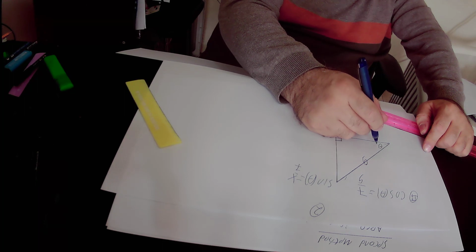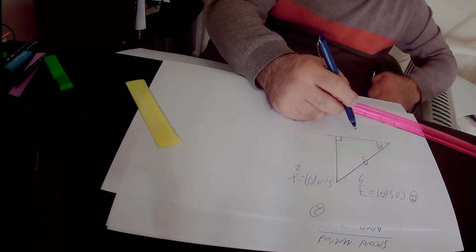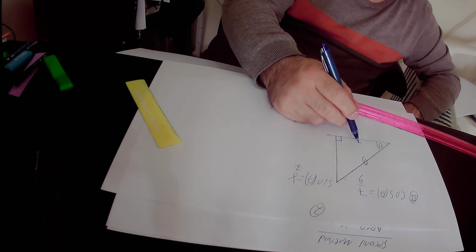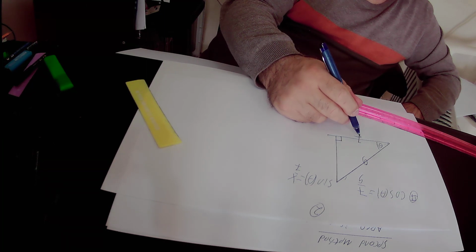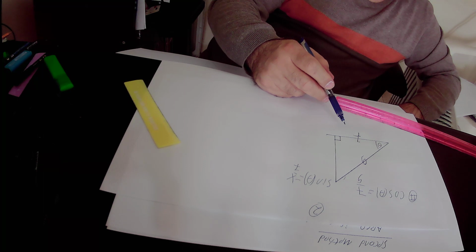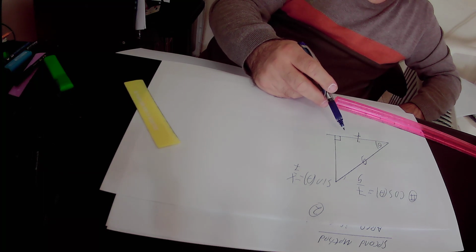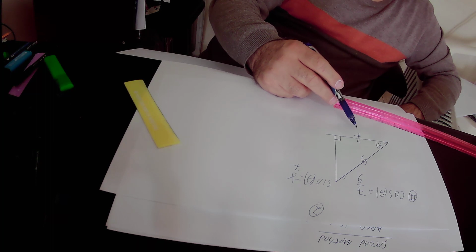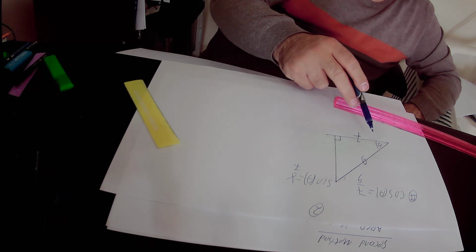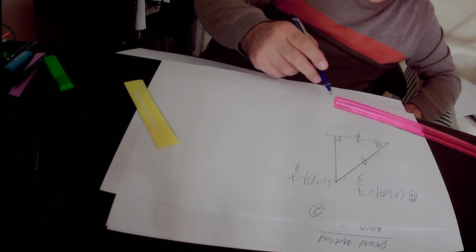This angle is theta, and the side adjacent to angle theta is equal to 7 units. This drawing describes the function that cosine theta equals 7 over 9.